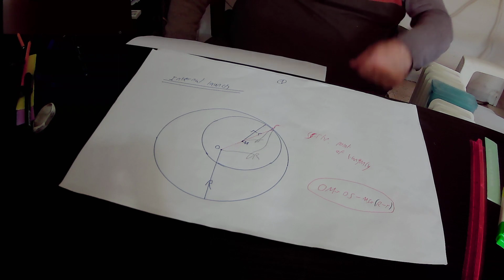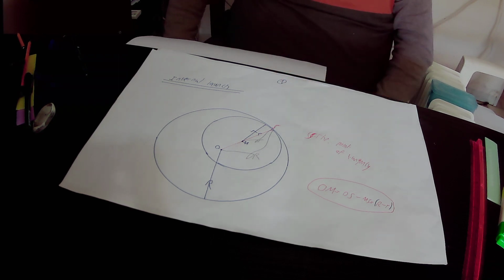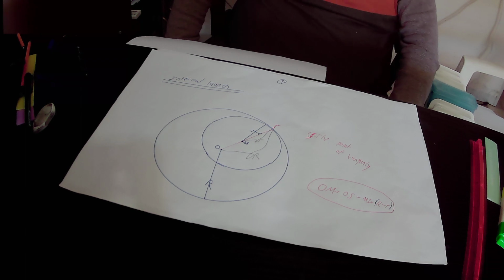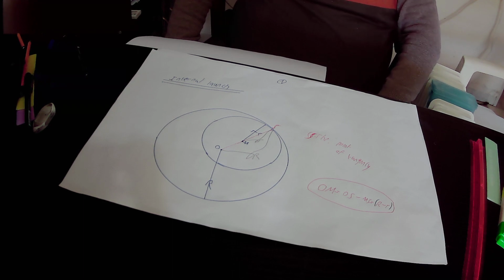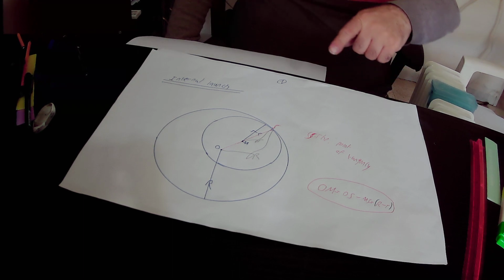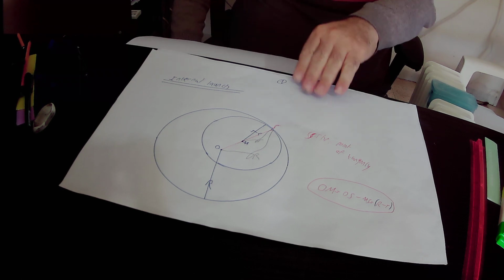In this case, it will be equal to capital R minus small r. So whenever two circles are touching each other internally, that is the internal tangency, then the distance between their centers will be equal to the difference between the lengths of the radii, that is to say, in this case, capital R minus small r.